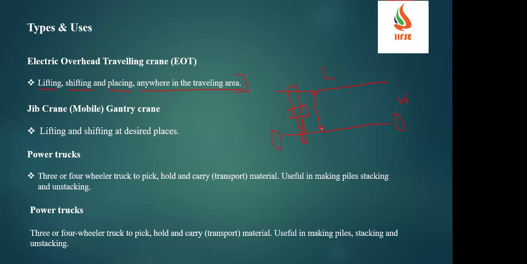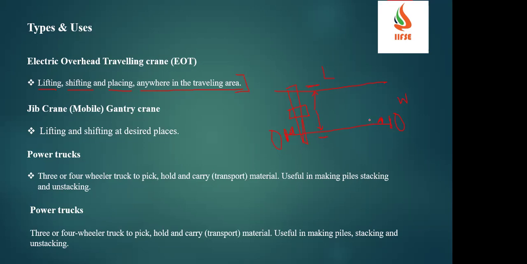Here we have two types of control. One is LT, I mean long travel, and also we have CT, cross travel controls. Before LT, they used to keep physical barriers, like an obstruction for the wheels. It can come and stop here.